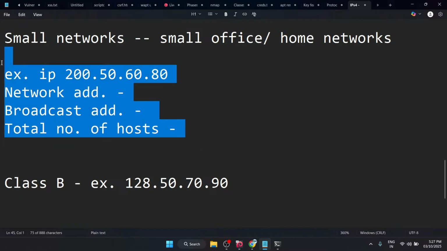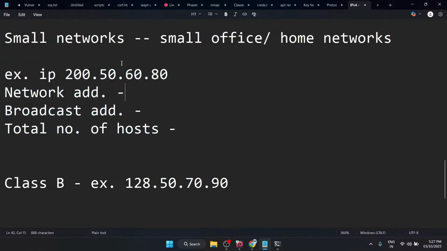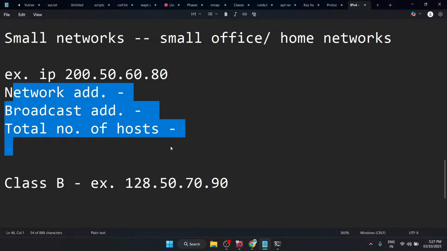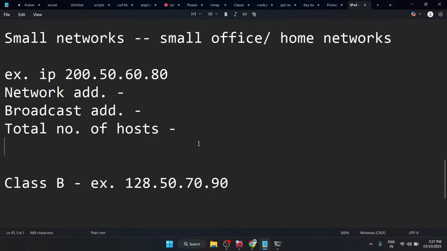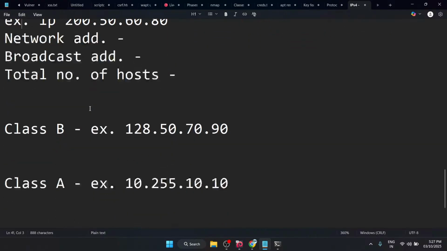So this is your question for today. This is an example IP, and what is the network address, broadcast address, and total number of hosts that can sit upon this particular network.